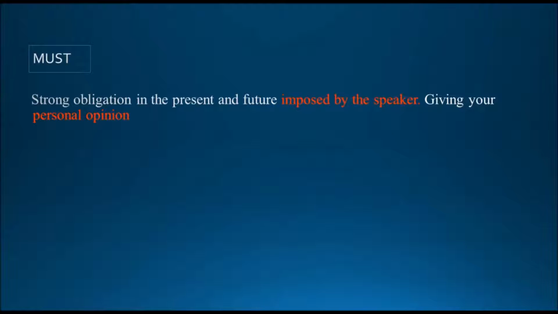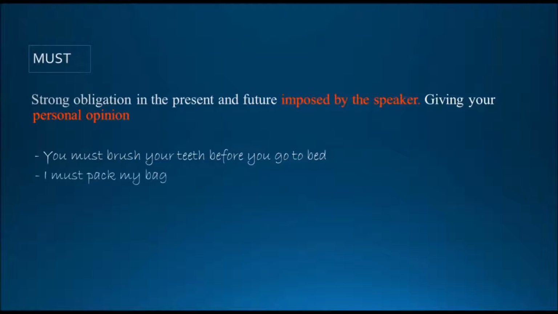You're giving your personal opinion. You must brush your teeth before you go to bed. I must pack my bag. Must is also used to talk about laws. Drivers must obey traffic signals.